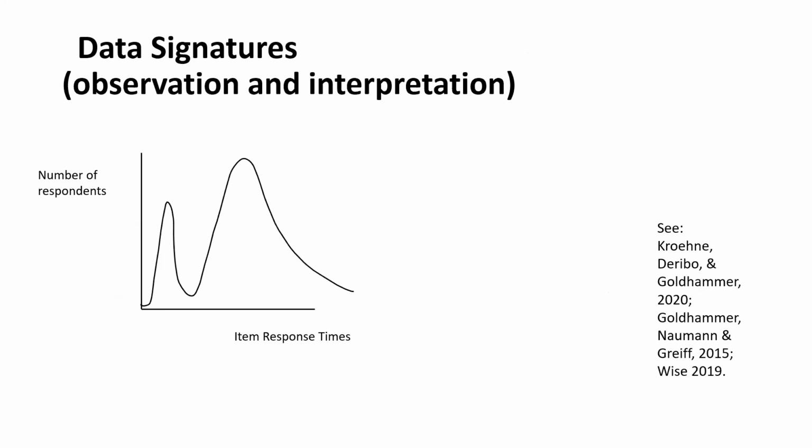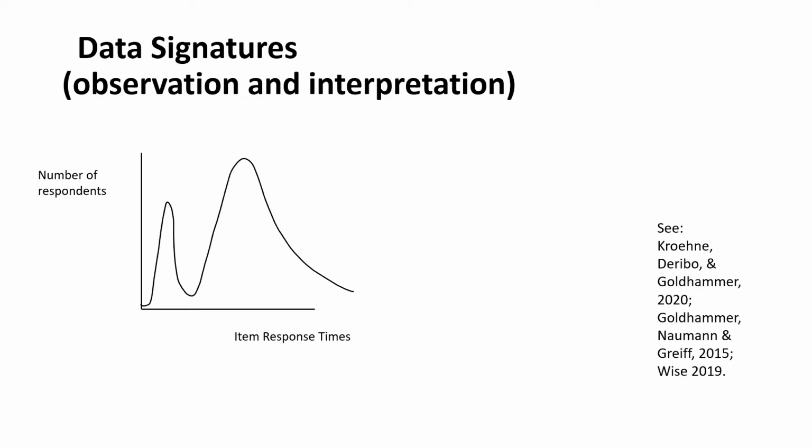There's a sort of graph of response times that looks a bit like this, where you have a small cluster, usually a small one, of very rapid responses on an item. Researchers can then work out, is it realistic to assume that somebody has read the test item content and had time to respond to an item?